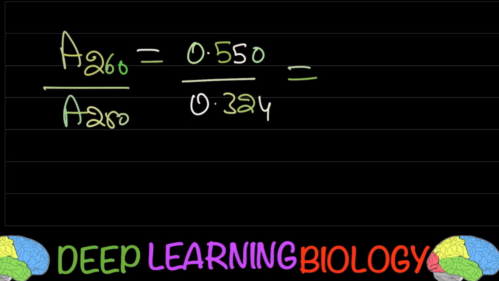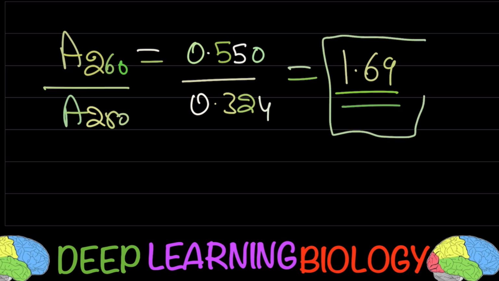0.550 divided by 0.324 comes out 1.69. If your answer is above 1.5, then you can say your DNA is pure, and you can do experiments with this DNA.